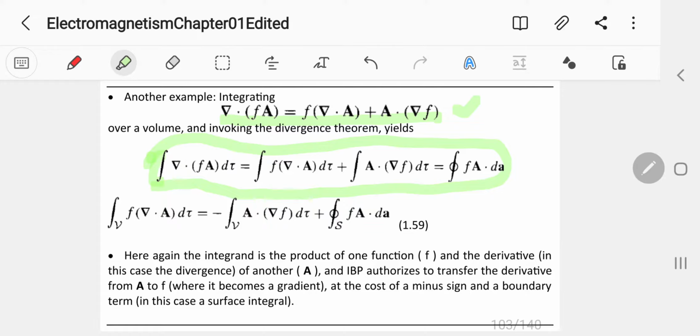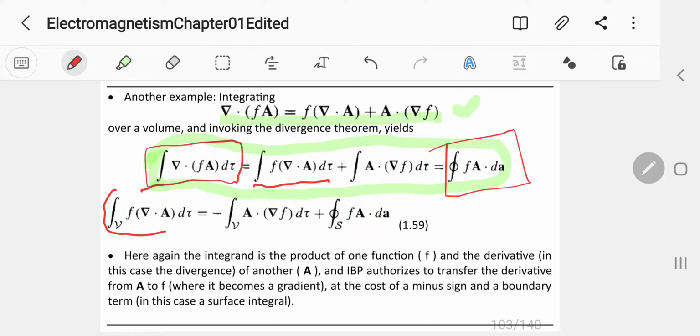Looking at this, you have this expression here. By using your Gauss law, this is also equal to this one here, so that you can actually write your integral here as this one.